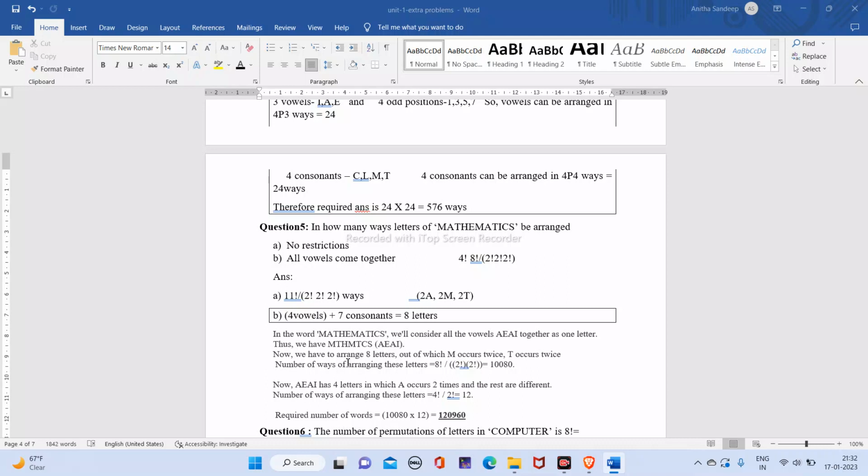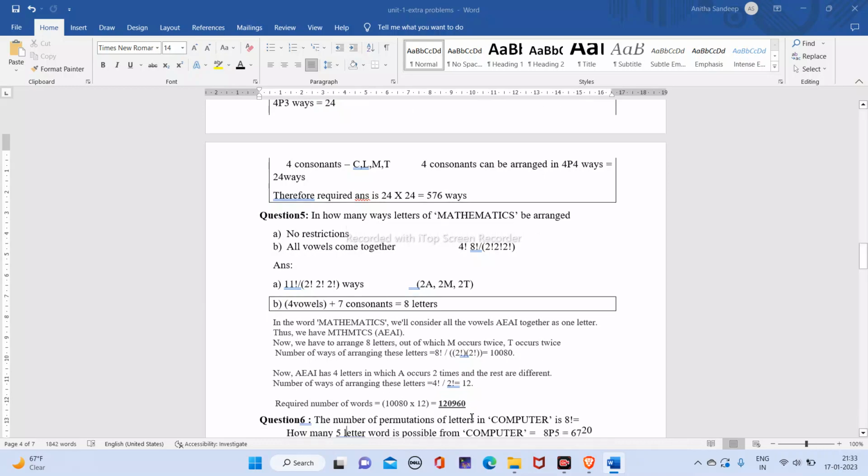So the number of ways of arranging these letters will be 8 factorial divided by 2 factorial into 2 factorial, which is 10080. Now, these AEAI have 4 letters in which A occurs 2 times and the rest are different. So the number of ways of arranging these letters among themselves is 4 factorial divided by 2 factorial, which is 12. Therefore, the total is arranging the 8 letters followed by arranging these AEAI, which gives 120960.